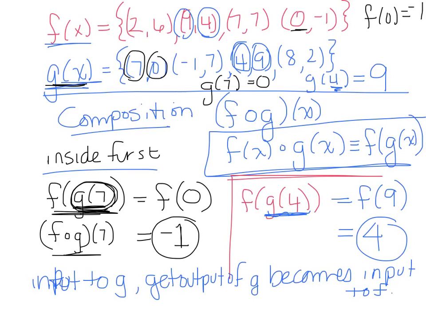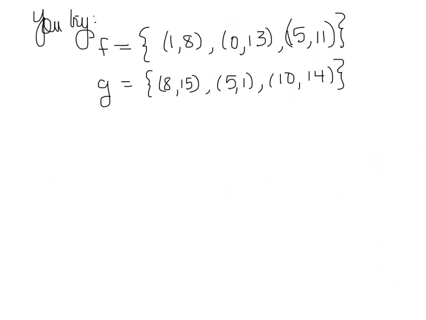So could you find an example where that doesn't work? Let me look at this for a minute. What output of g, the 0 or the 7, the 9 or the 2, has nowhere to go? Well, guess what? They all have a place to go. So everything would work here. We could do all the f composite g's. So here's a new one, an f and a g.